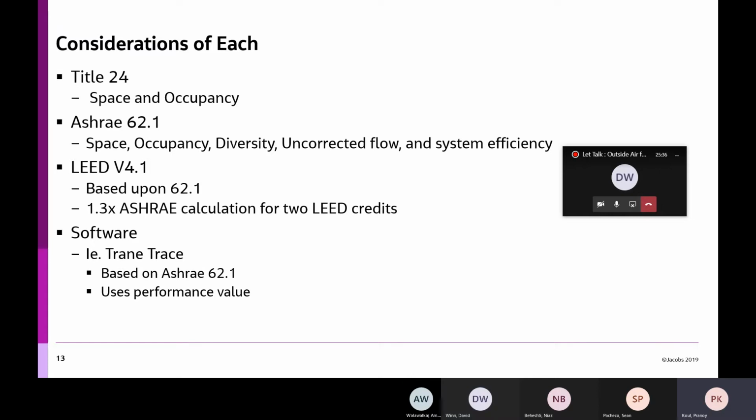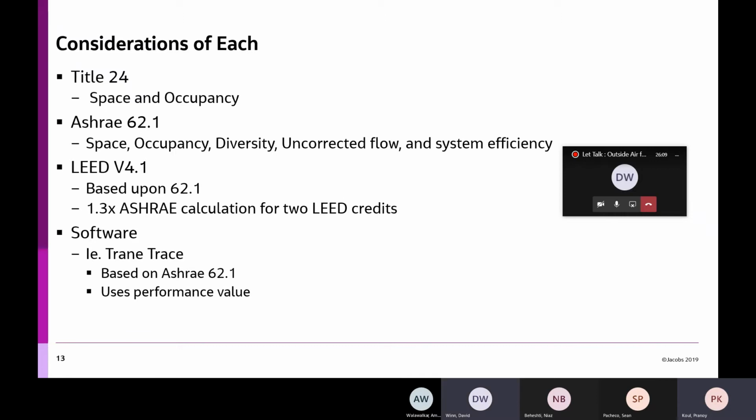And similarly, when we talk about software, Trane Trace is what we use essentially for our work right now. And within Trace also, it is essentially imbibing its information from ASHRAE 62.1. I did want to talk about how to go about plugging your information into Trace, and what exactly you might want to know before putting in the values.